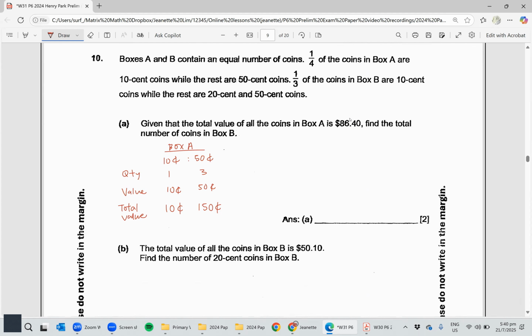Using this grouping, in one group, the amount of money that we have would be 10 cents plus 150, which is $1.60. Then from here, we have the number of groups, which is 86.40 divided by 160.